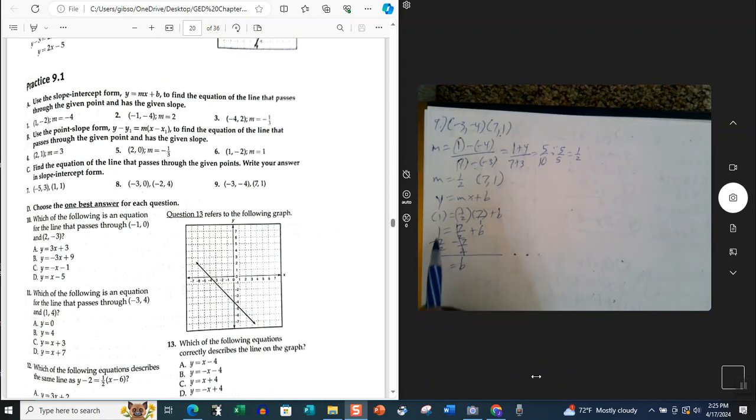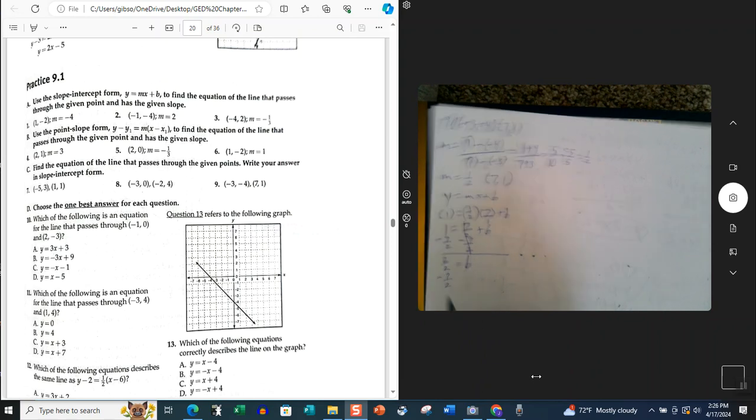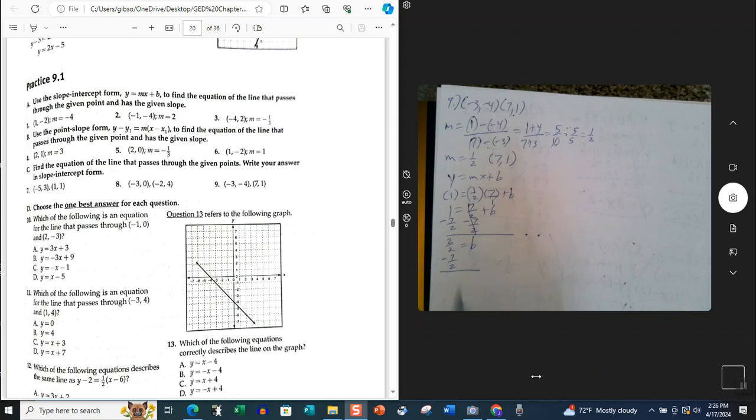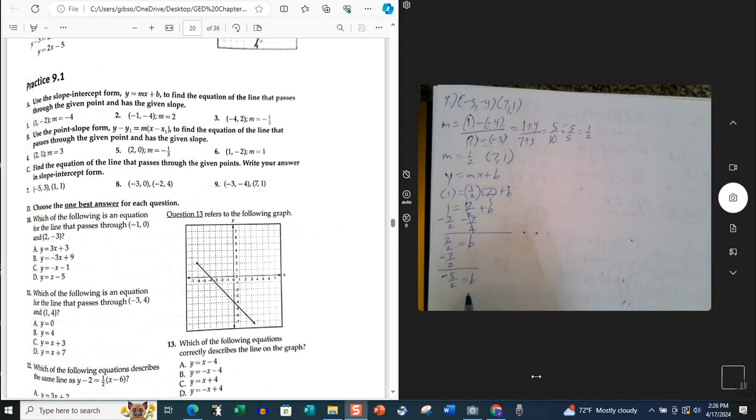Now, 1 minus 7/2. We know if we rewrote 1 to have a denominator of 2, this 1 would become 2 over 2. So we'll make this 1 into 2 over 2 minus 7 over 2. 2 over 2 minus 7 over 2 will give you -5 over 2, which is b.